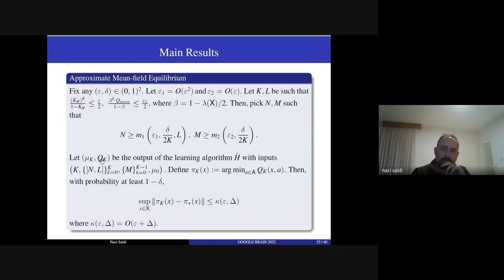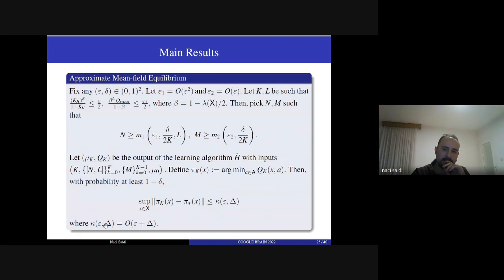suppose mu k and q k are the outputs of the learning algorithm H hat, and define pi k as the minimizer of the Q function q k. Then the distance between pi k and pi star, where pi star is the equilibrium policy in mean field equilibrium, is very small.